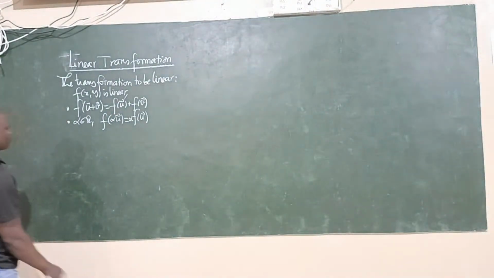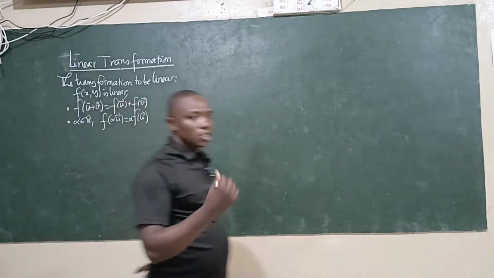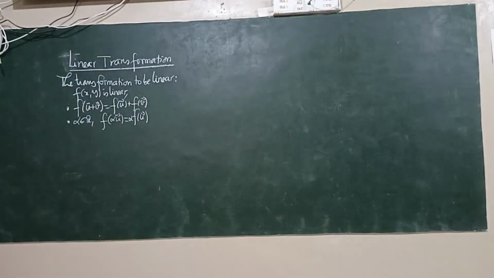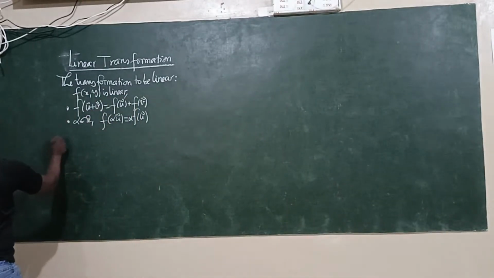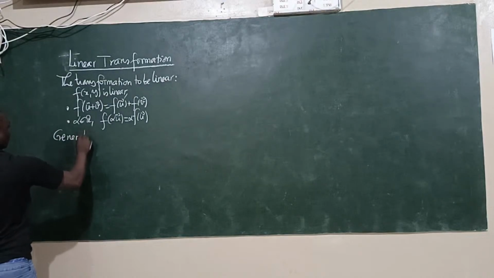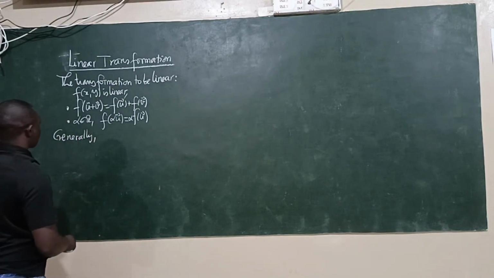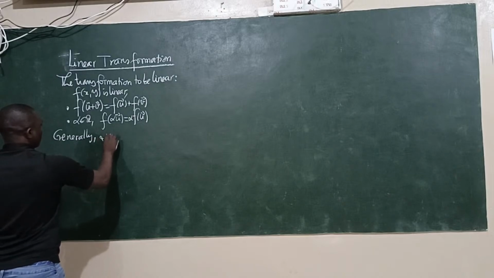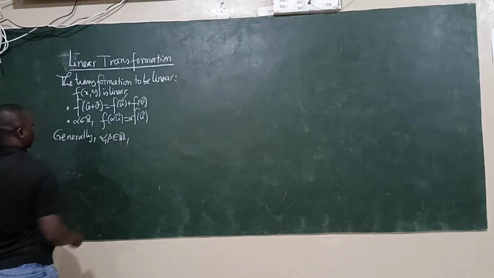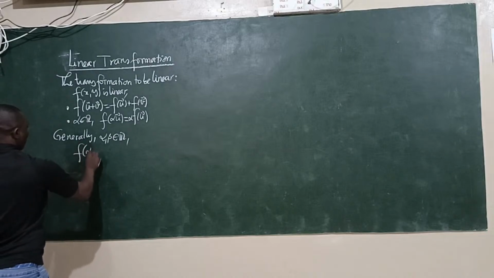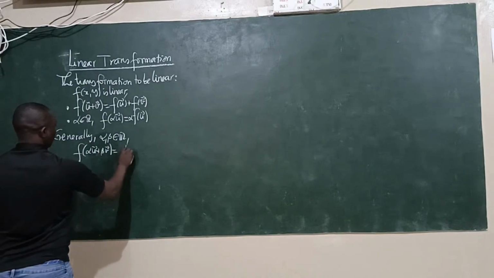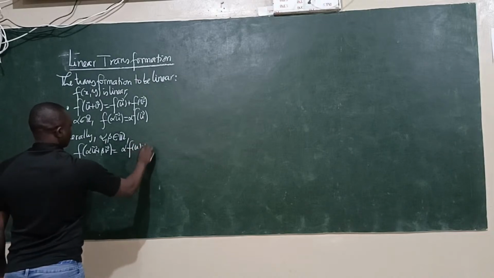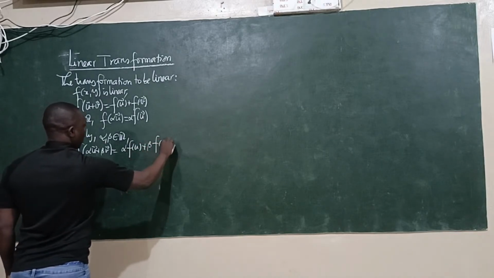Now there is another formula that groups these two formulas together. What is it? The formula that groups these two together is generally, for alpha, beta real numbers, f of alpha u plus beta v must be equal to alpha times f of u plus beta times f of v.